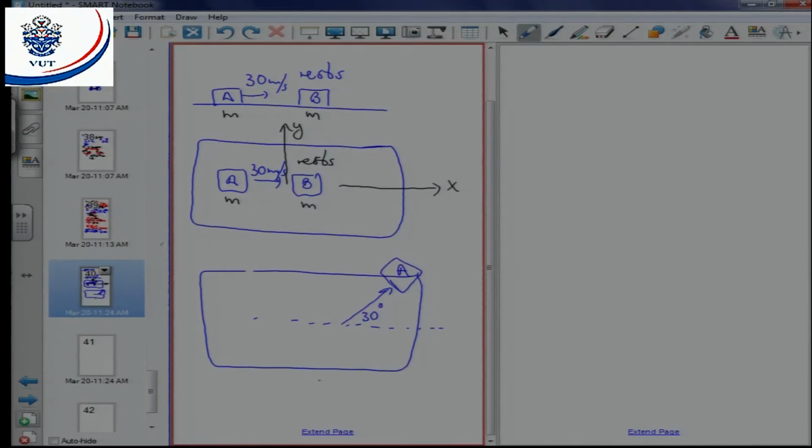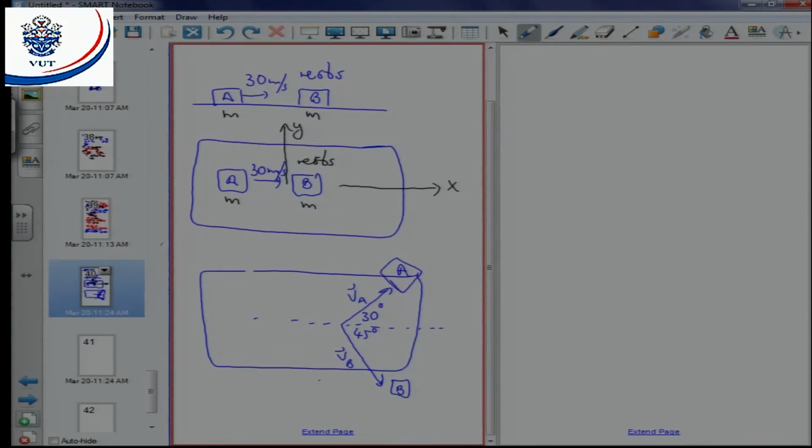Okay, so A is deflected at 30 degrees to the original direction, and B is deflected at 45 degrees. So it's similar to our pool example. Now let's call this speed VA, or velocity VA, and this velocity VB.